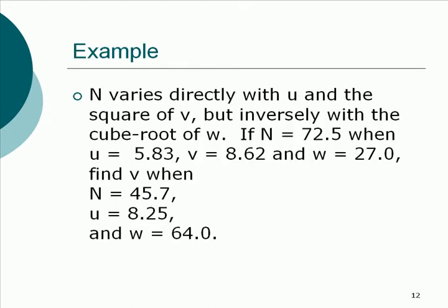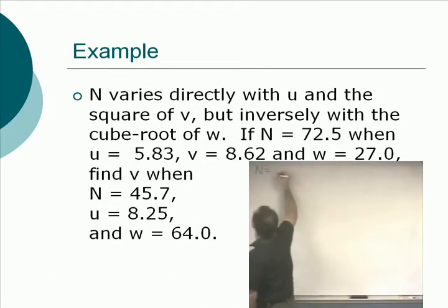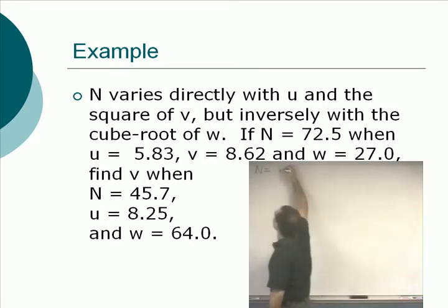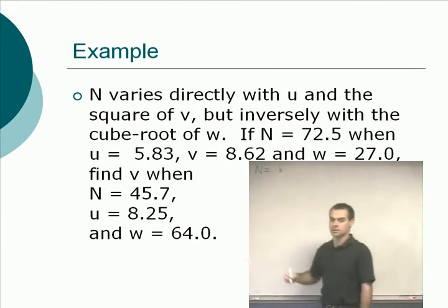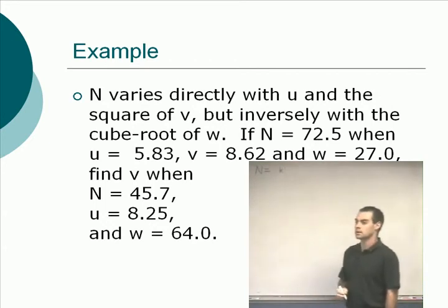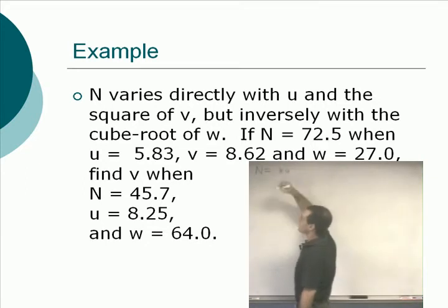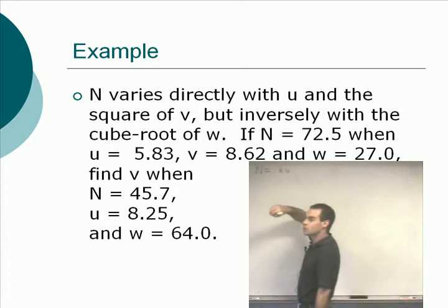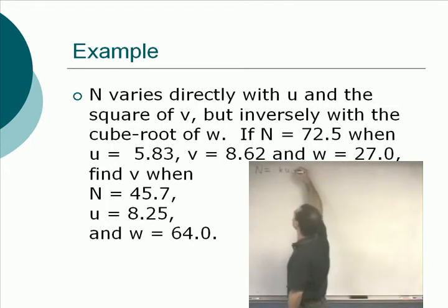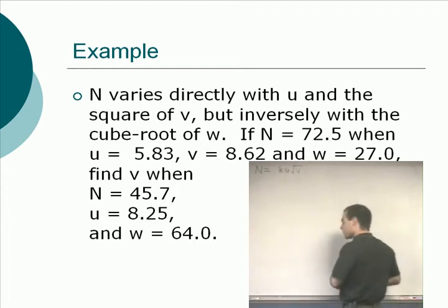Here it is. N varies directly. So you write this down as you read it. N varies directly means you write N equals k, directly with U, which means it's going to be k times U and the square root of V. So it varies directly with U and the square root of V. Does it square V?